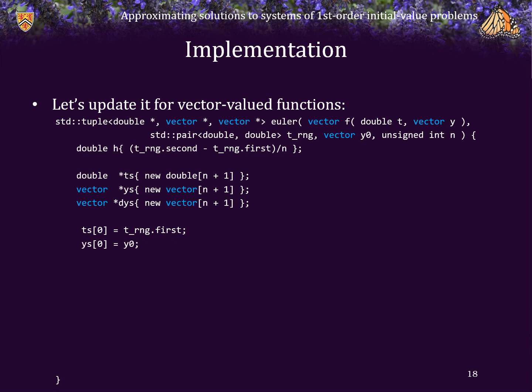We initialize the first y-value with the initial y-value, which is indeed a vector. And we calculate the slope at this initial value by evaluating the first argument, the function f, at the double t0 and the vector y0.